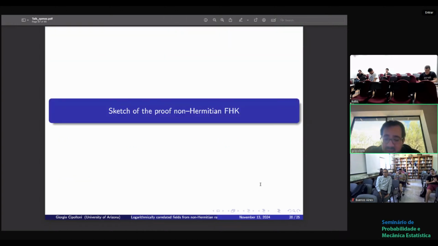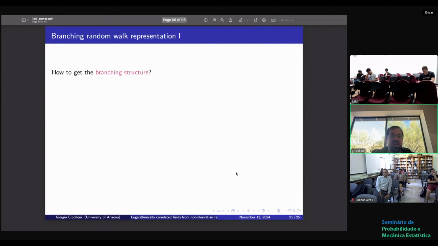Okay, so in the last 2-3 slides I have, I just want to give a brief sketch of the proof. I want to highlight what the main ideas are and how we get this branching structure. The first question I want to answer is how do we get a branching structure?